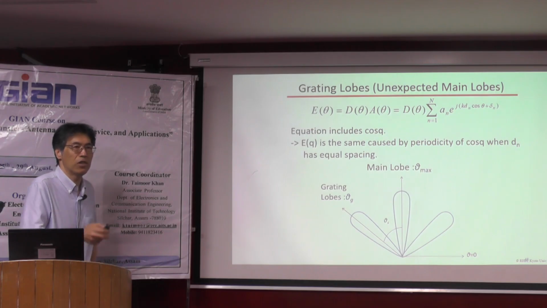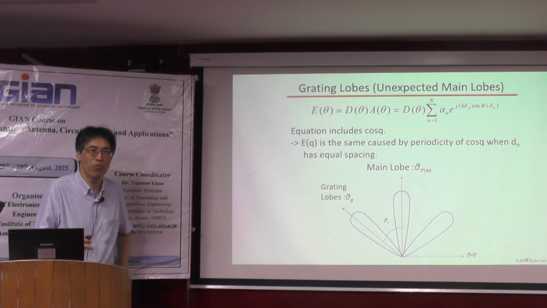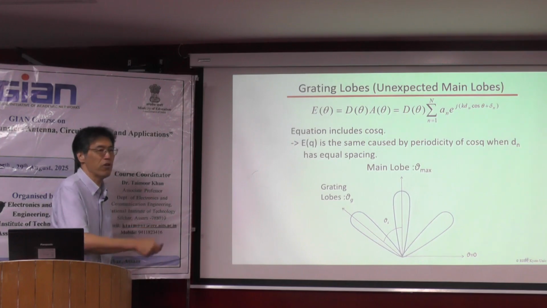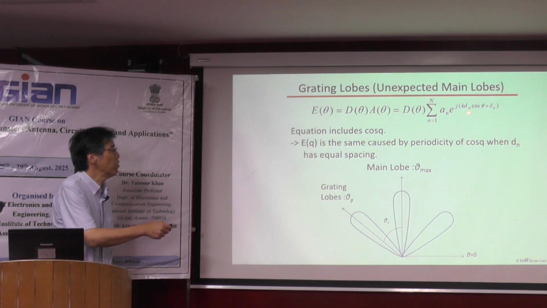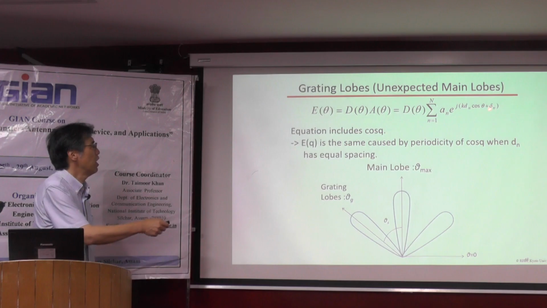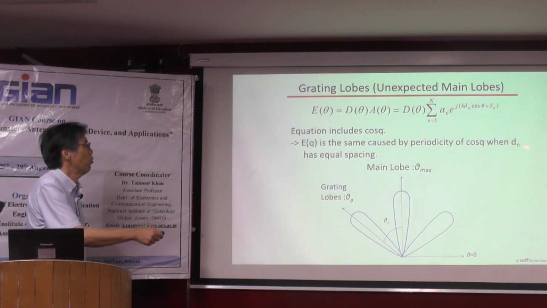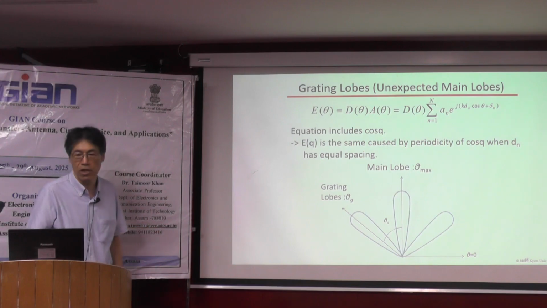As you know, 0 degrees and 360 degrees are the same phase and the same value. So if d becomes very large, when we change the phase progression, the array factor is the same by the periodicity of cosine theta when d_n is equal spacing.